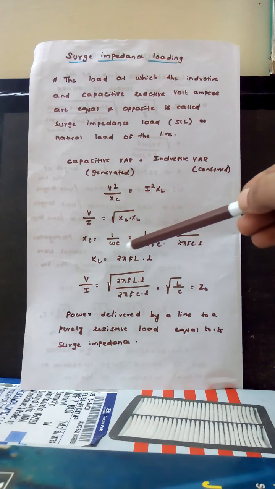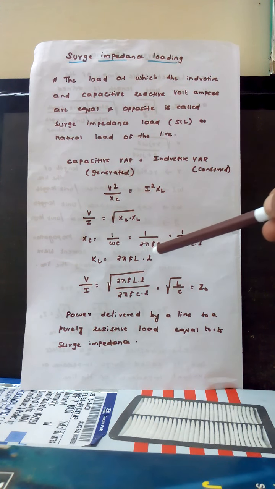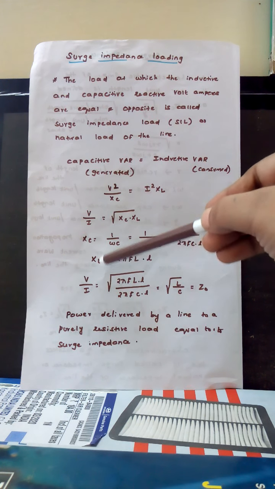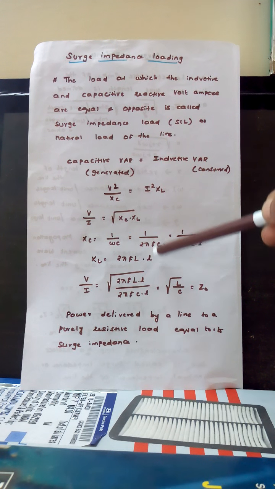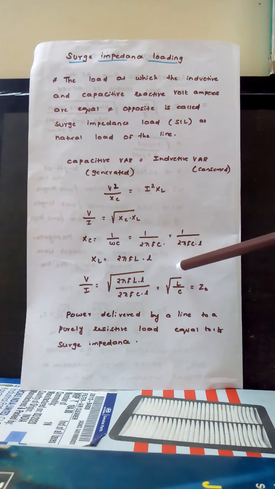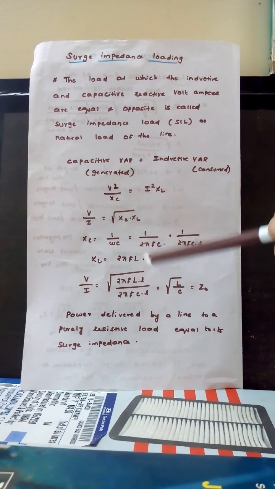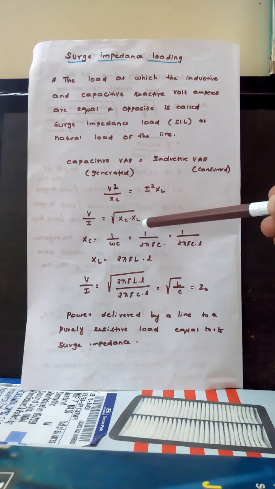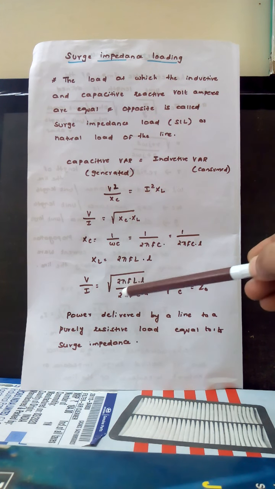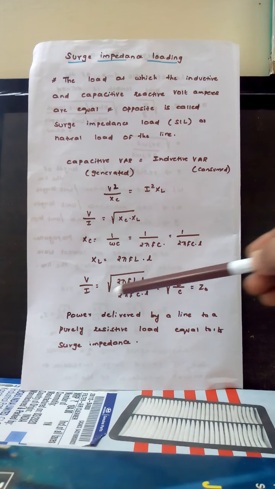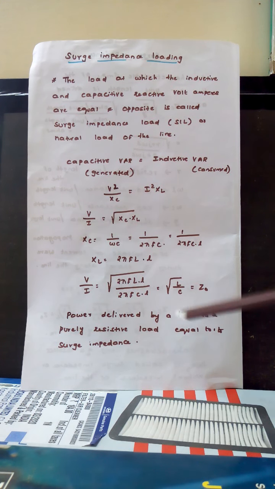Already we know XC is 1 by omega C, and omega we can write as 2 pi f, so it is 1 by 2 pi f into C. We multiply with the length of the transmission line, small l. Similarly XL is 2 pi f L, again multiplied with the length of the line. Substituting, 2 pi f and l get cancelled, and we get root of L by C. This is called the surge impedance, Z naught.